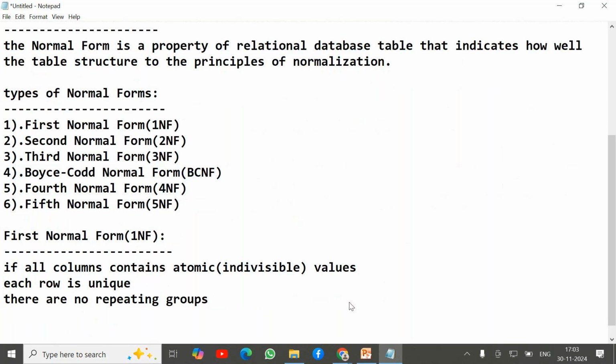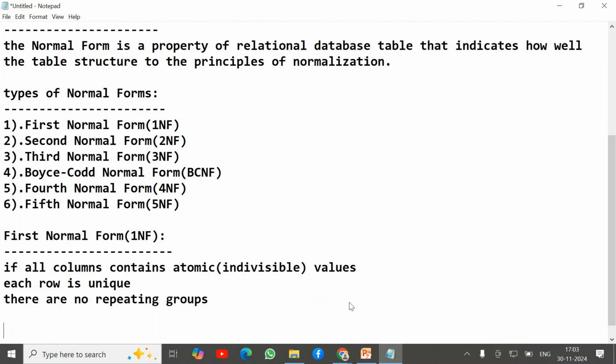If all columns contain atomic values, each row is unique and there are no repeating groups. In other words, every column must contain only one value per row. There should be no multiple entries or set of values in any column.